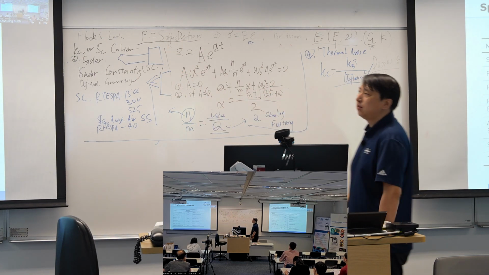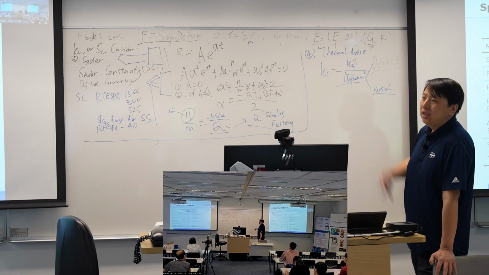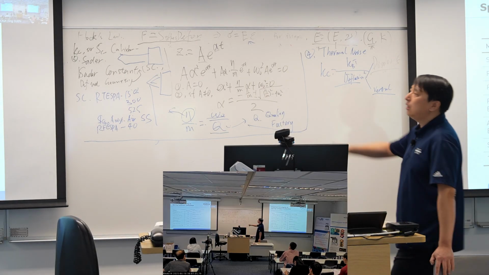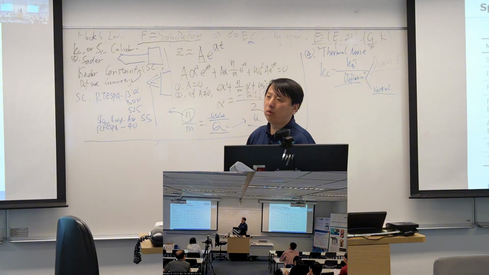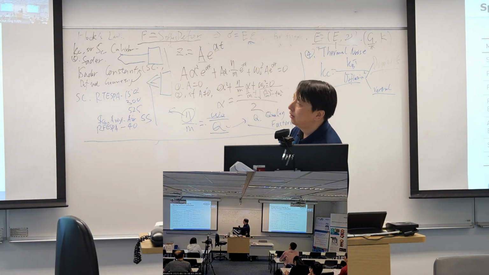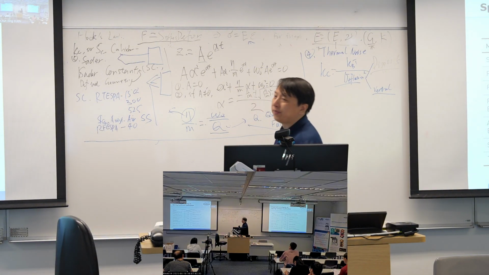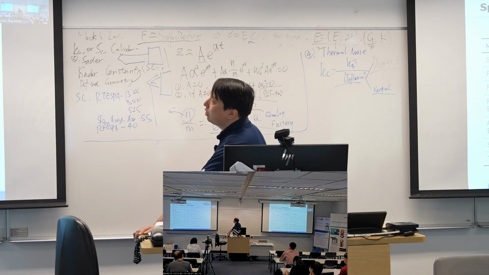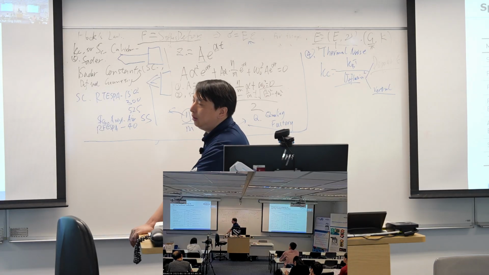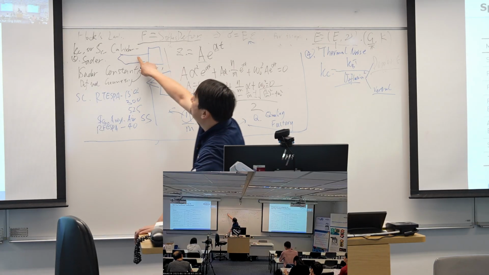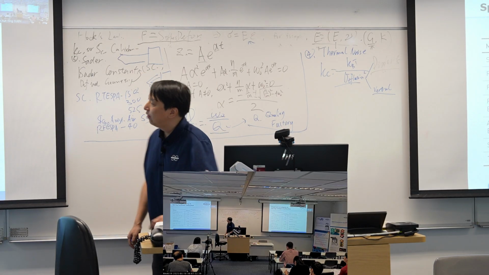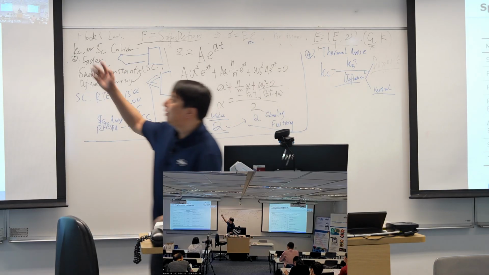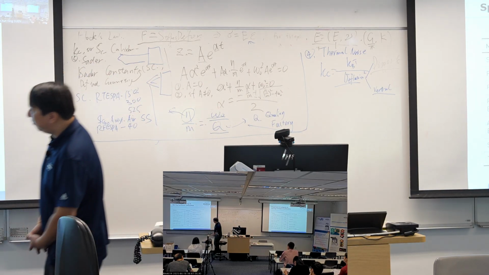But nowadays, Professor Sader has changed his method, and it can also be used for V-shaped cantilevers. In the traditional report, though, it is the diving board one. Okay, so that's the spring constant calibration.